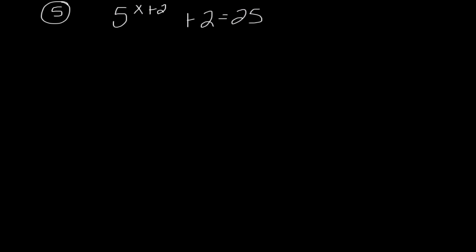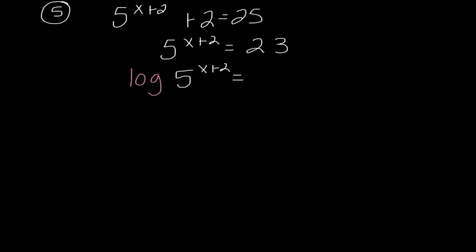Okay, so this problem, I'm going to start by getting whatever's being taken to the power all by itself. So I'm subtracting 2. And for this problem, I'm just going to take a log of both sides. If you want to choose the other method, that's great. It doesn't matter. Okay, so I have log of 5 to the x plus 2 power equals log of 23.